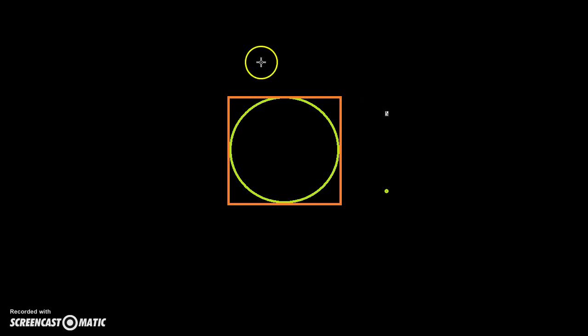Now each side of this square is equal to 1. From this you can probably see that the radius of the circle is equal to 1/2.